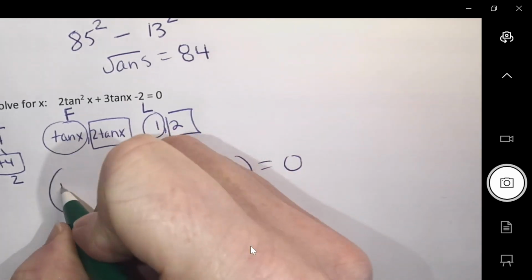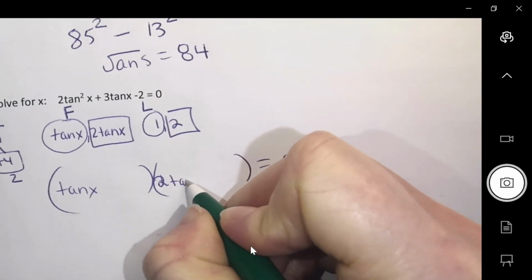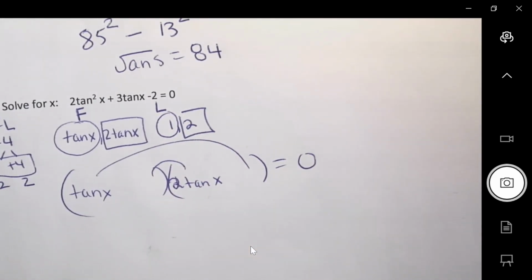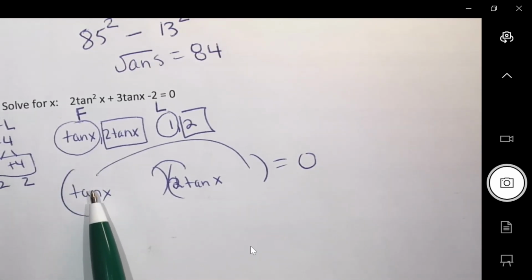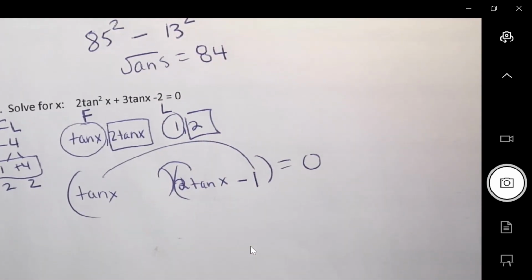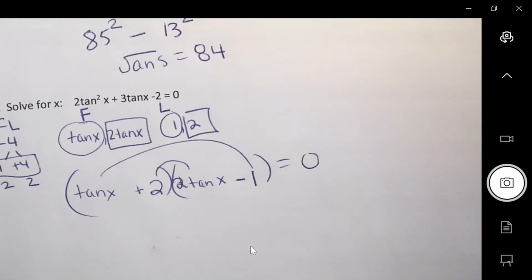So I always write my first, and then I make 2 rainbows. The FOIL pieces all need to connect. With 2 in the first one and 1 in the second one, on the rainbow the tan has to be with a 1, and it's a -1. The 2 tan I put with a 2 as a plus.